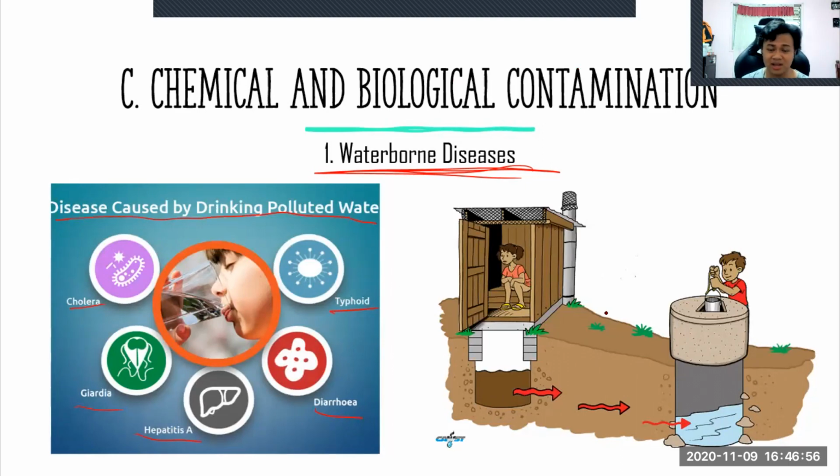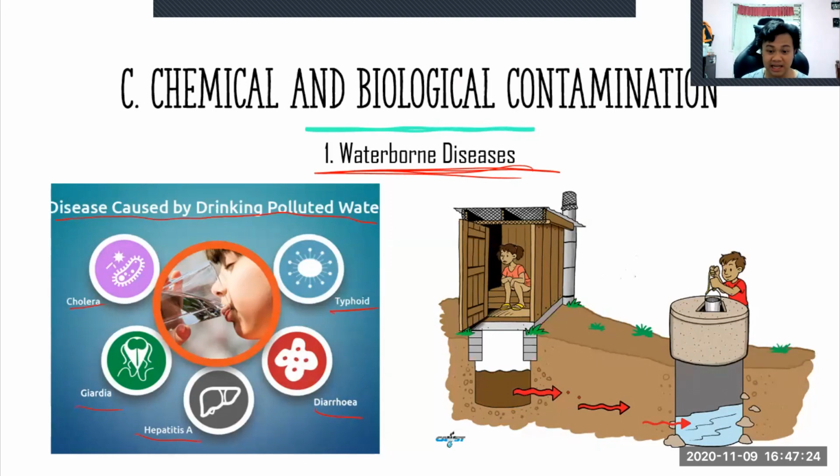And then one of the contributors of that is having no proper septic tank, right? If you just dig a hole in your community, and it has no proper walls, it will leak.